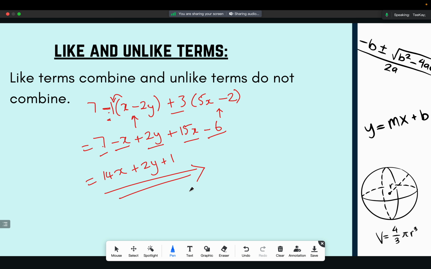So now you can see that our answer is 14x plus 2y plus 1. And that's our final answer because now we don't have like terms. Our answer will go down until we don't have like terms, the same as when we're dealing with fractions.